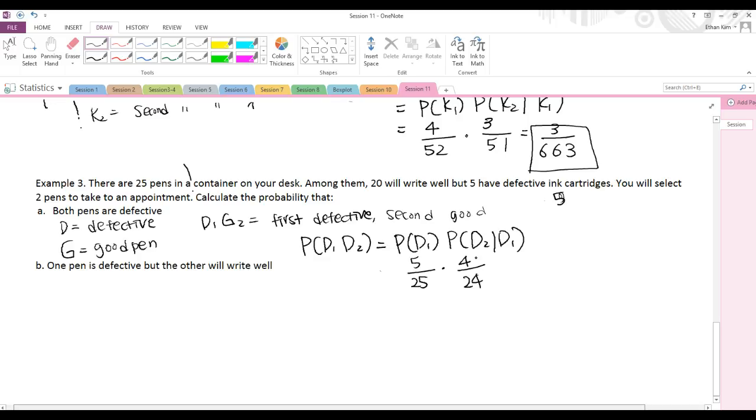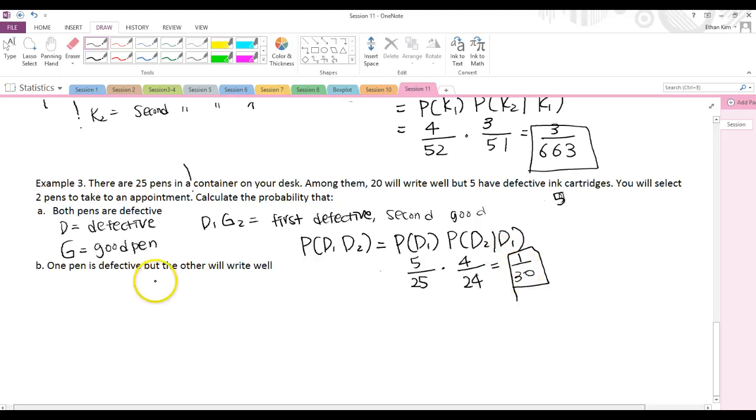If we cancel this out, it's going to be 1 over 30. Yes, 1 over 30. So this is the answer for part A.